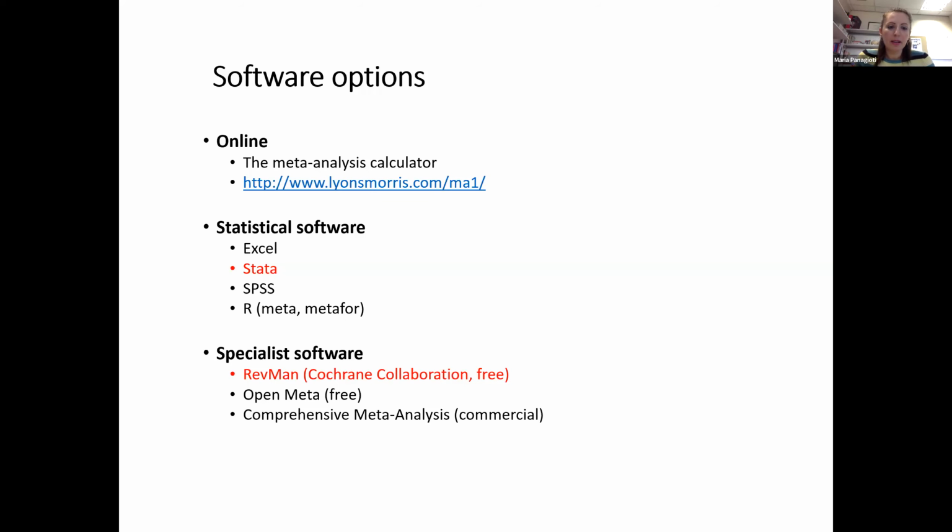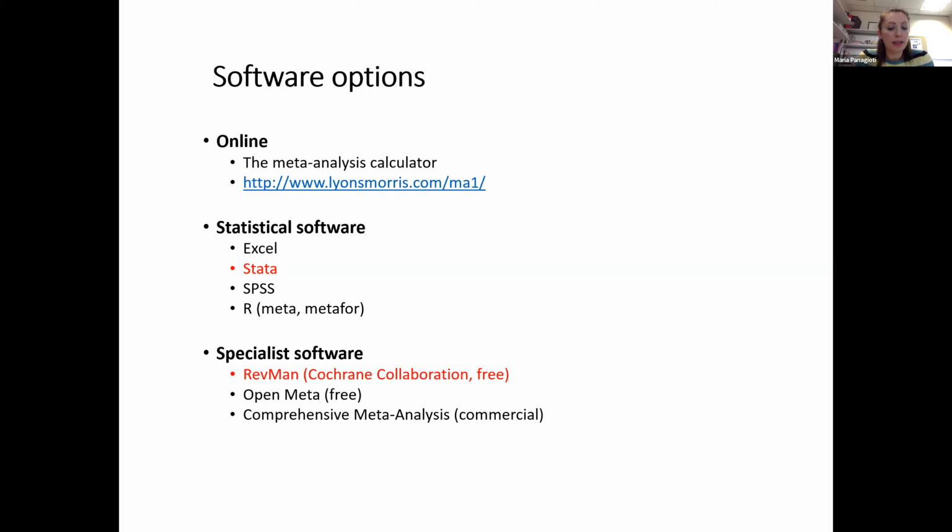Yes, there you've got several options in terms of how you're doing the meta-analysis. There are statistical software packages, especially Stata, which is very common for doing meta-analysis, or R, which is very common as well. You've got RevMan, which is linked with the Cochrane Collaboration.